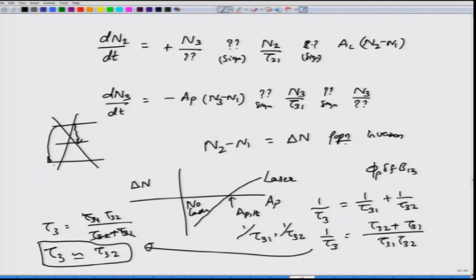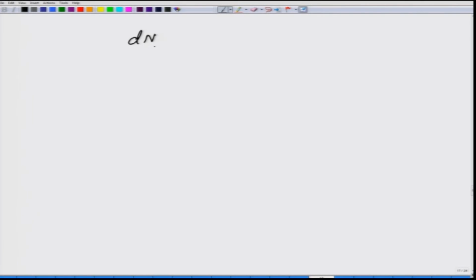Of course, you could generalize this result to a 4 level system. I am not going to do that one, but what I am going to do is consider what happens in the steady state condition in which all of these populations, dn3 by dt or dn2 by dt or dn1 by dt, are actually equal to 0, and when you set the first one to 0, what you will find is that you can write down n3 in terms of n1.